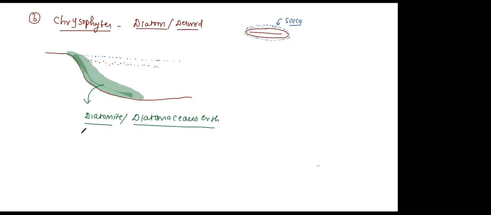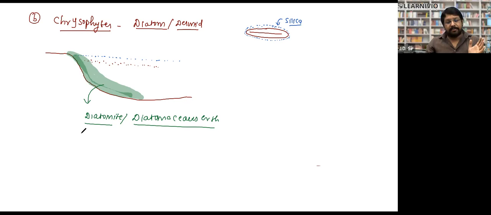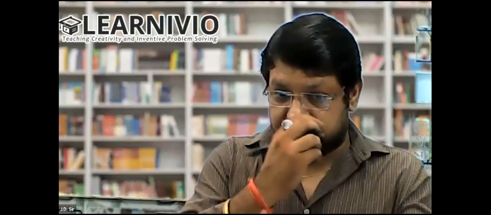Okay. Now I'll make you jot down all these points, but before dictating them, I would like to show you more diagrams. Now let me show you the actual diagram of diatoms.